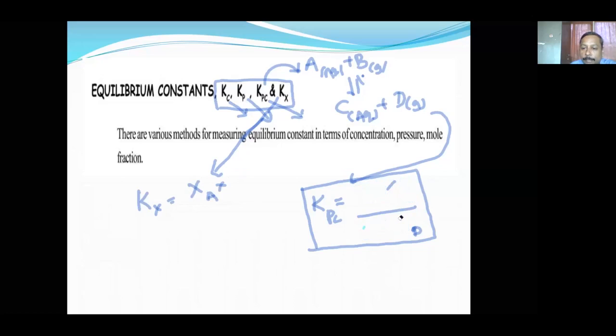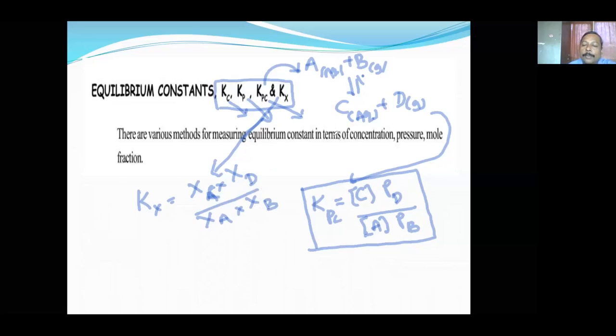A very silly mistake, and you should not commit these types of mistakes. So KPC is the concentration of C into the partial pressure of D, divided by the concentration of A into the partial pressure of B. Now here, mole fraction of C into mole fraction of D, divided by mole fraction of A into mole fraction of B. So is the difference between these two understood?